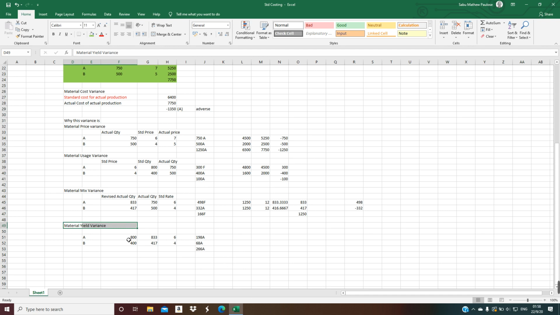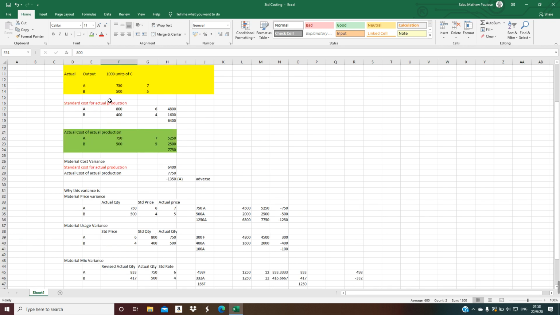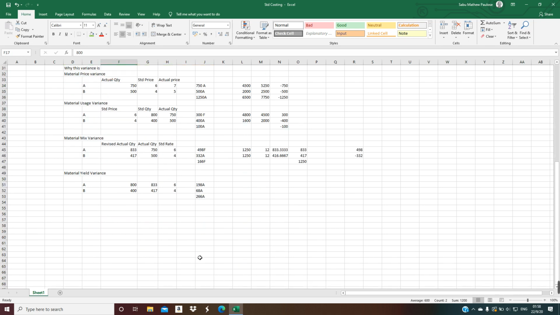For that, we want to use the standard quantity for actual production. That we found in the first part, standard cost of actual production. This is the standard units for actual production of 1000 units.